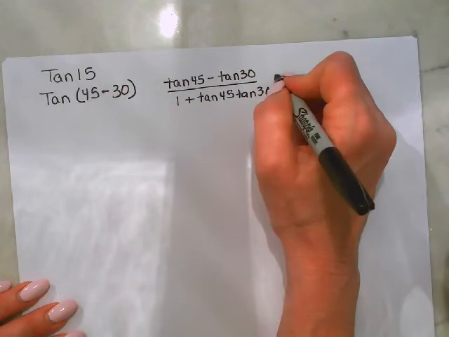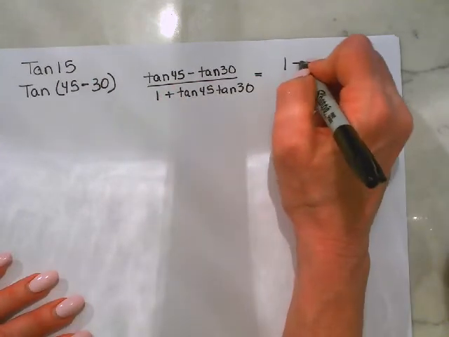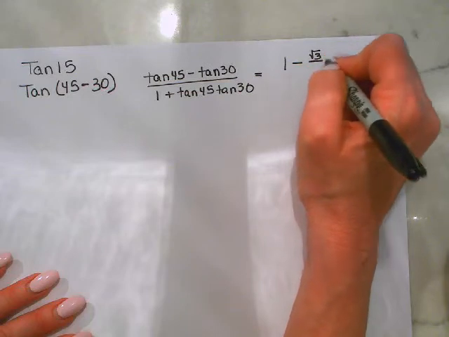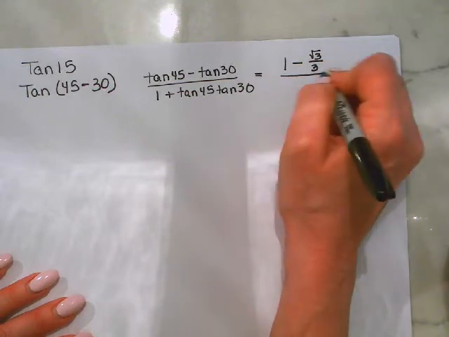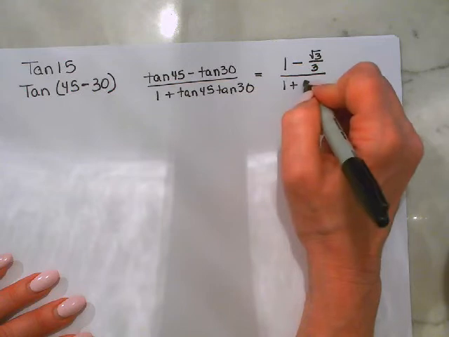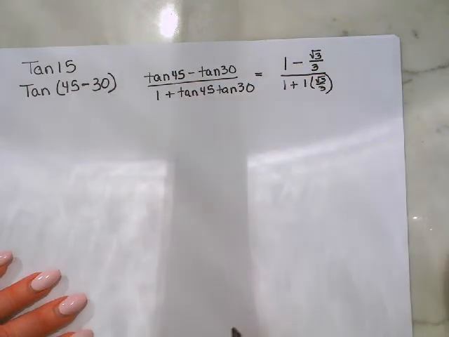I'm not going to lie, I love writing with the Sharpie. So the tan of 45 is 1 minus the tan of 30, which is radical 3 over 3, over 1 plus 1 times radical 3 over 3.